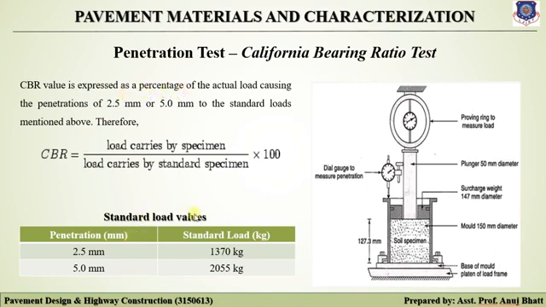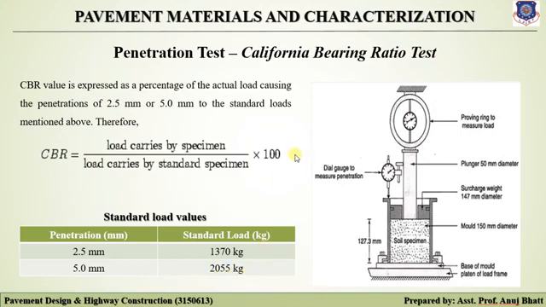The standard load values are already established, that is, for the penetration at 2.5 mm we have standard load 1370 kilogram, and penetration at 5 mm we have standard load 2055 kilogram.